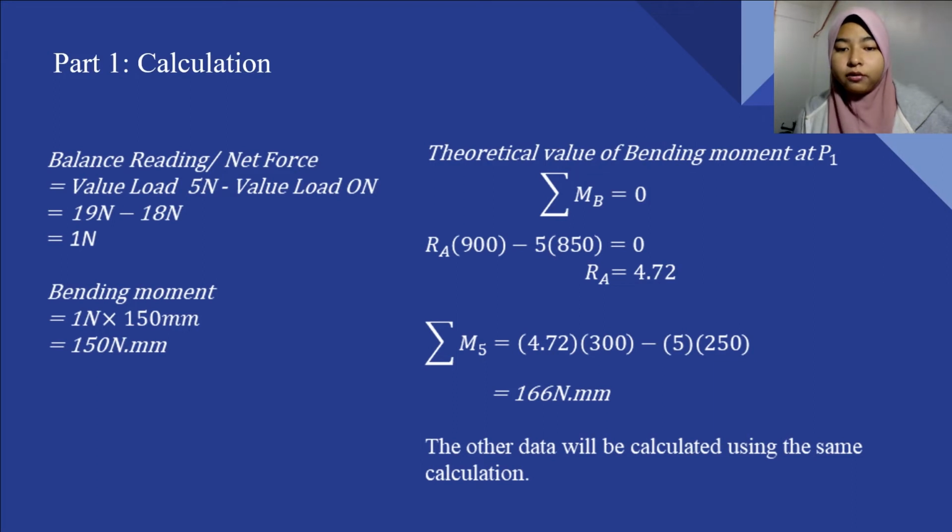So to calculate the moment at P1, when we put the 5 Newton, we put the RA 4.72 multiplied with the 300, which is RA to P2, because P2 is the point that we didn't change the distance, minus 5 Newton and its distance, which is 250, which is 300 that we get, minus the 50 millimeter of distance P1, so we get 166 Newton millimeter.